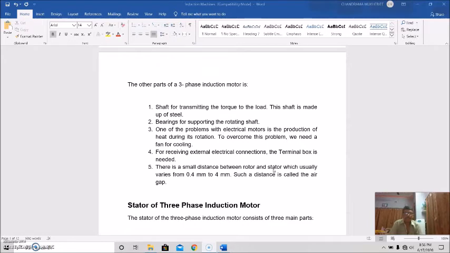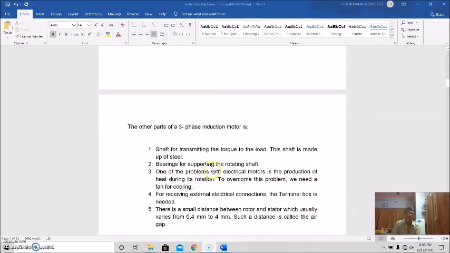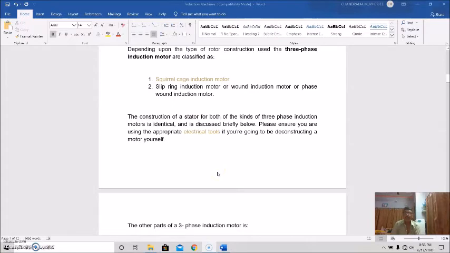Depending on the length of the air gap, we will see in our advanced classes that the overloading capacity, etc., depends on this air gap itself. So that's actually the major parts of a three-phase induction motor. Then we'll come to the details of the different parts.